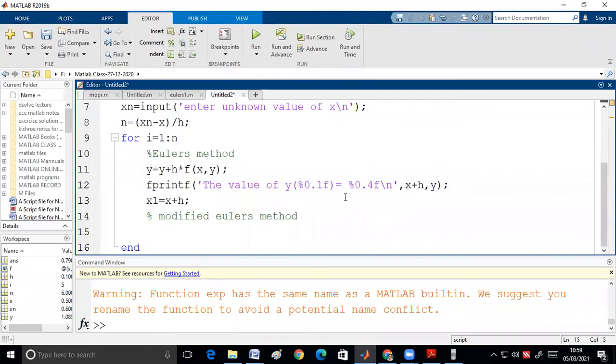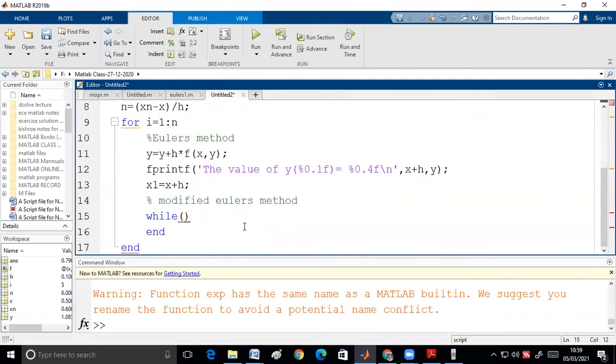Again, we will repeat it a number of times. For this purpose, I will use a while loop, I think a while loop is better. After that I will write some condition. I will write the condition later.